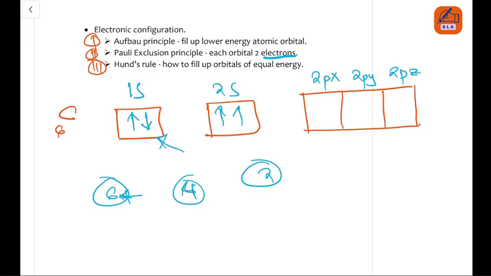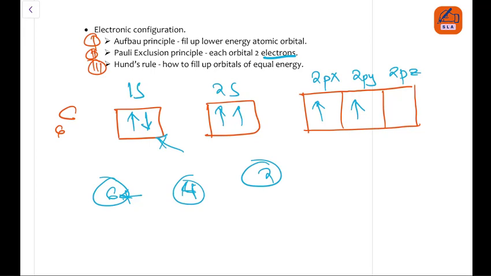If we remain with 2 electrons, we have 3 orbitals with the same amount of energy. If these orbitals have the same amount of energy, the way of filling them is singly, unpaired first, then pairing them if we have remaining electrons. Unpaired means we fill this way, unpaired with the same spin.